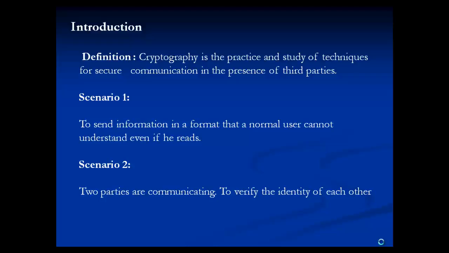The definition is, cryptography is the practice and study of techniques for secure communication in the presence of third parties. It's all about when two parties are communicating with each other in the presence of a third party, how securely they communicate so that the third party cannot see their communication.